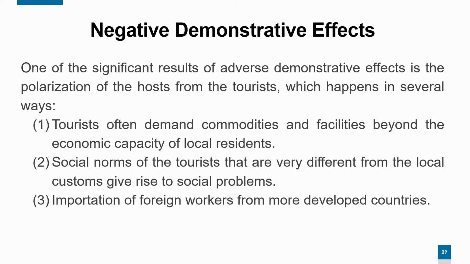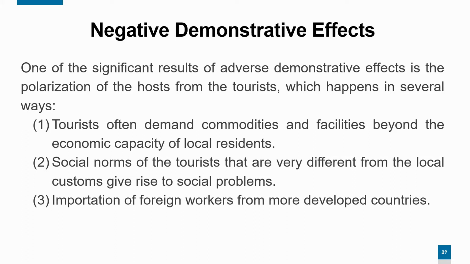First, tourists often demand commodities and facilities beyond the economic capacity of local residents. Rich tourists frequently eat in the fine restaurants and live in luxurious hotels in areas characterized by hunger, unemployment, and limited economic opportunity. This disparity has led, in some cases, to militant revolutionary action by the local residents.